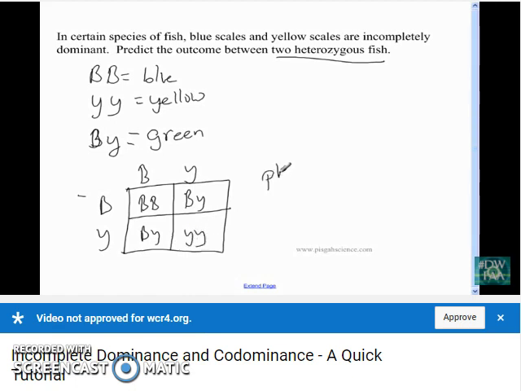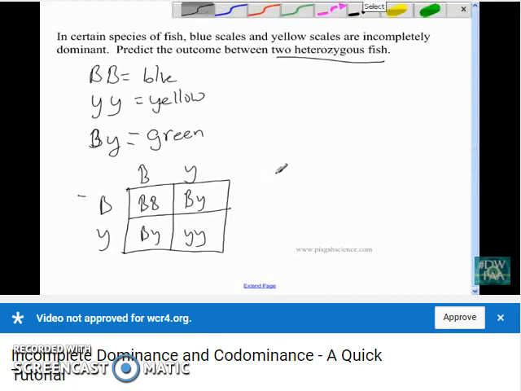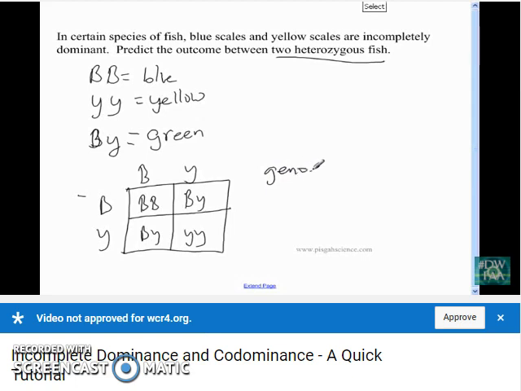I'm going to do genotype first. The genotype, I've got one that looks like this. I've got two that look like that. I've got one that looks like this.